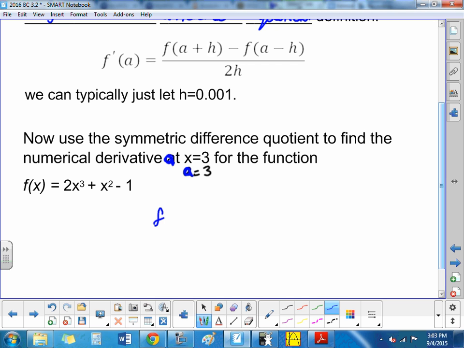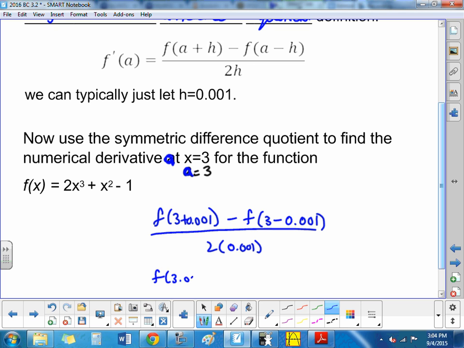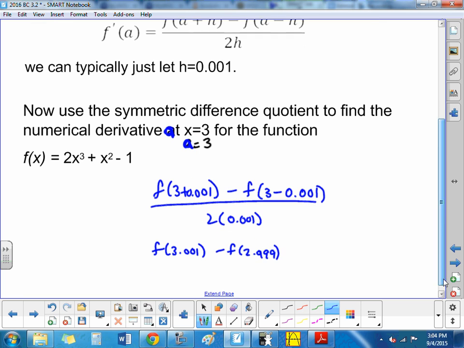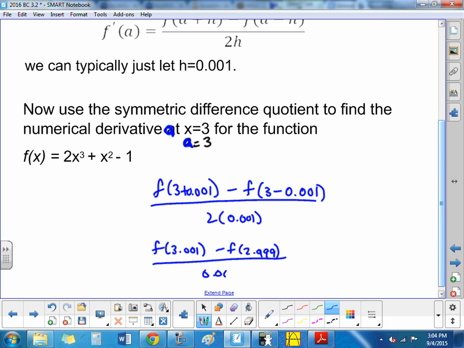So you're going to be doing f of 3 plus 0.001 minus f of 3 minus 0.001 all over 2 times 0.001. In other words, we're going to find f of 3.001 minus f of 2.999 all over 0.002.